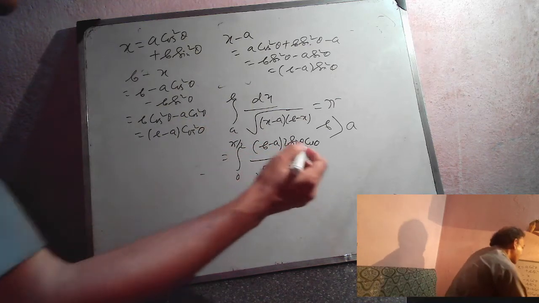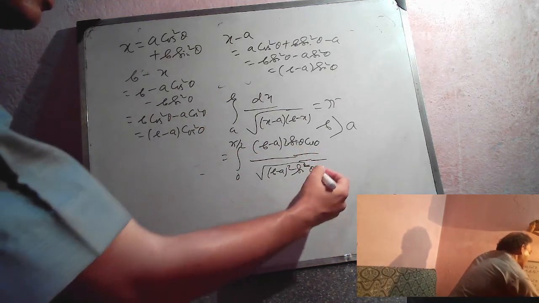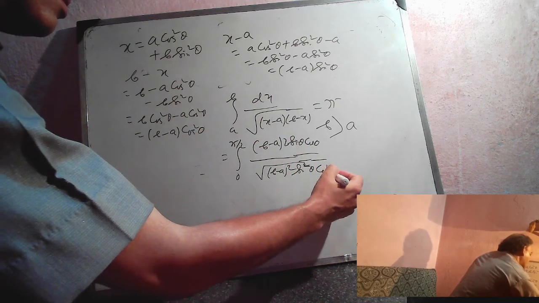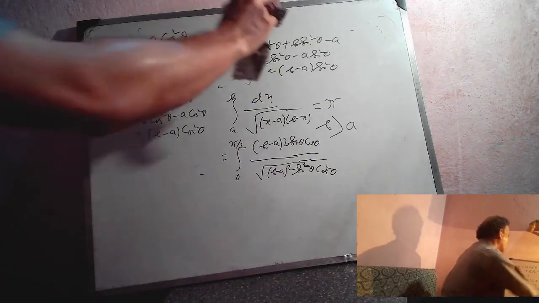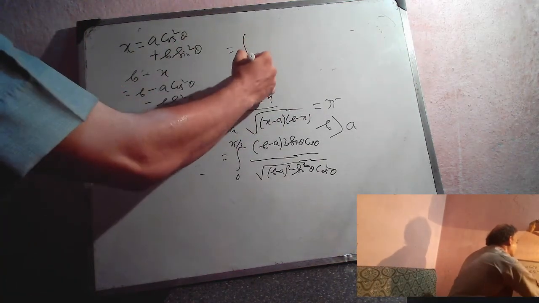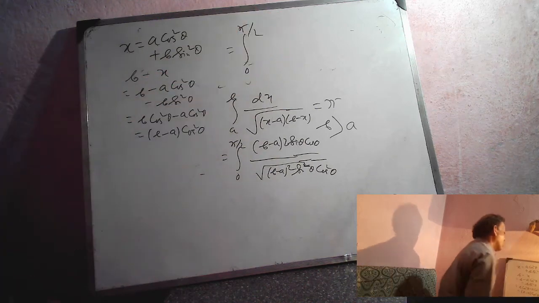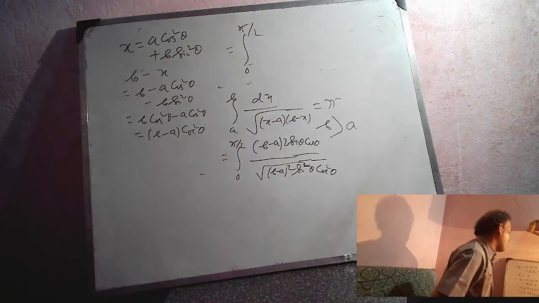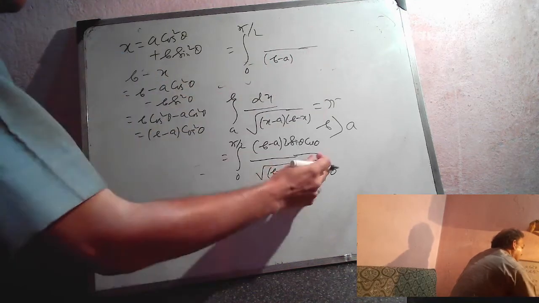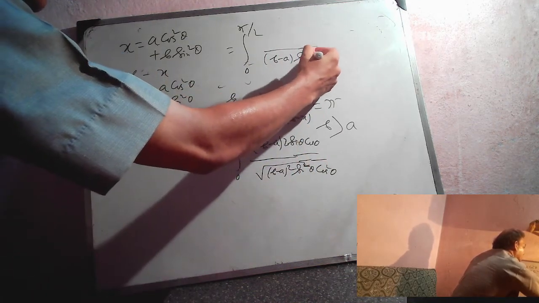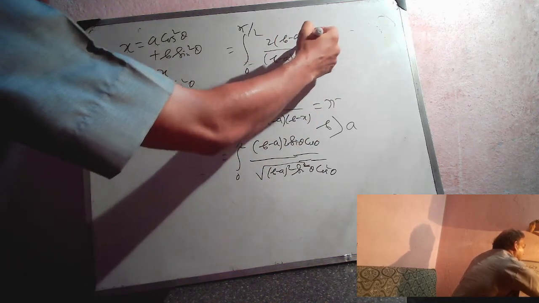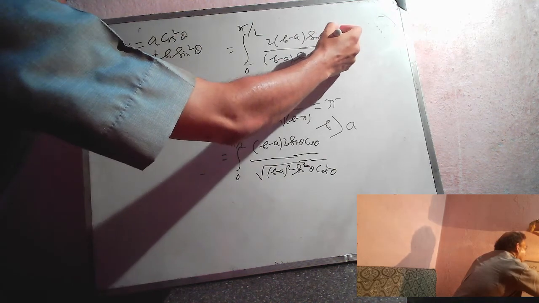Therefore the given integral reduces to 0 to pi by 2, and it is 2 into b minus a sin theta cos theta d theta.